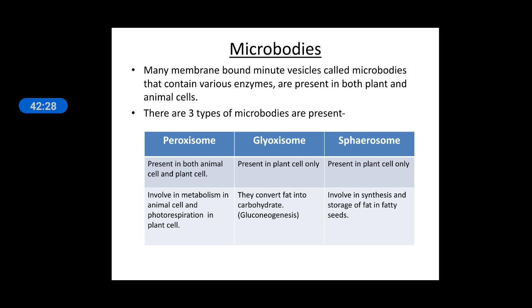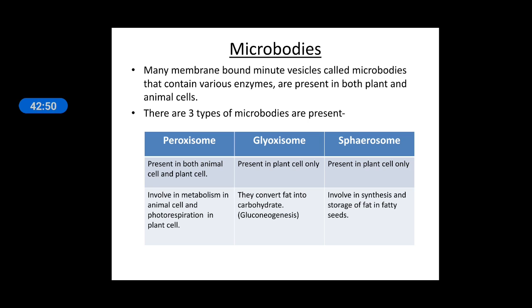The three microbodies are peroxisomes, glyoxysomes and spherosomes. Peroxisomes are present in both plant and animal cells. Glyoxysomes and spherosomes are present only in plants.